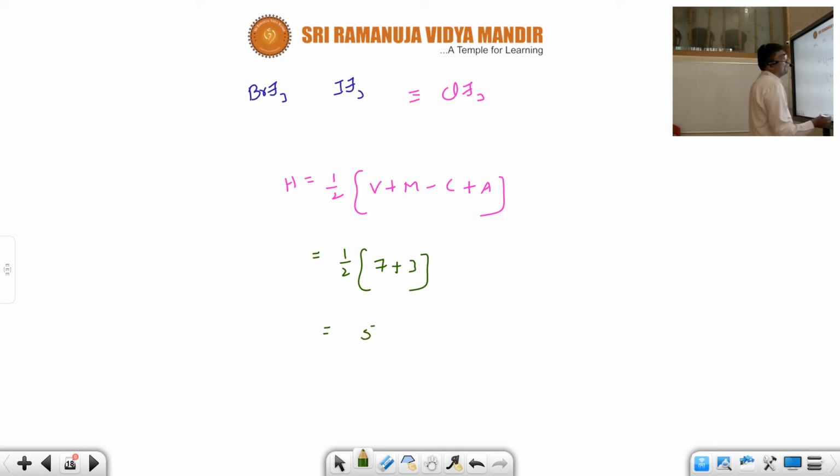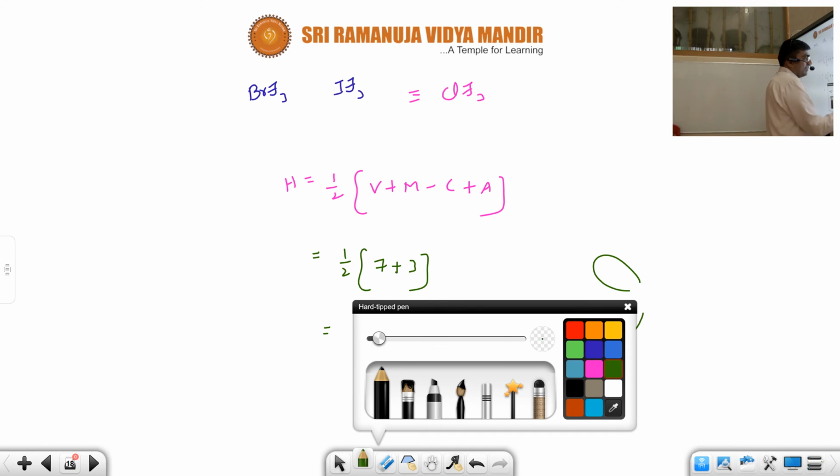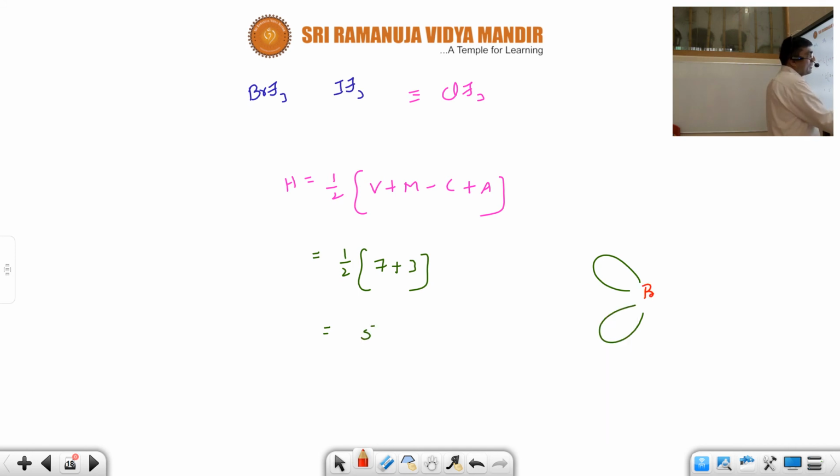Out of 5, 3 are bond pairs. So naturally these have T shape. So this is Br, with F and F. It has T shape. Try to understand.